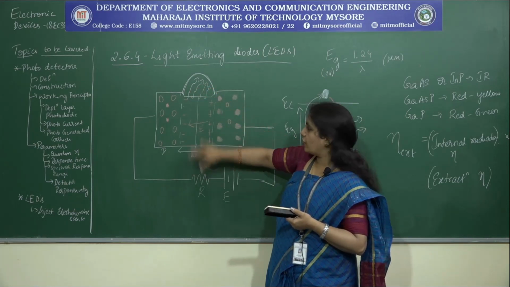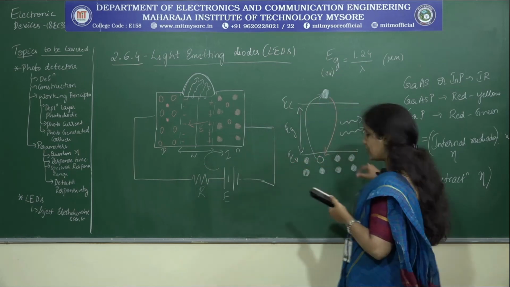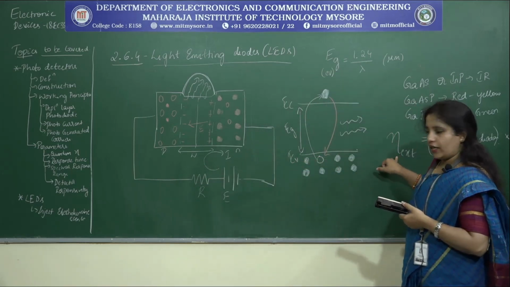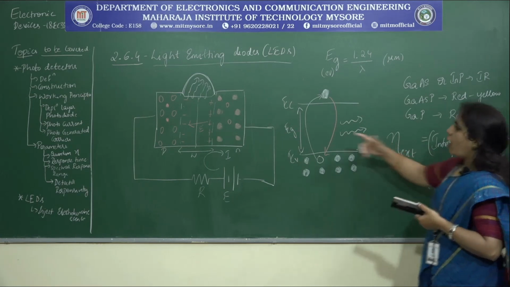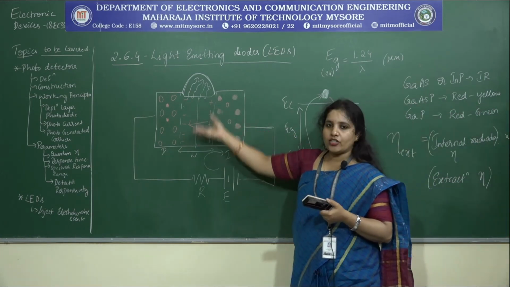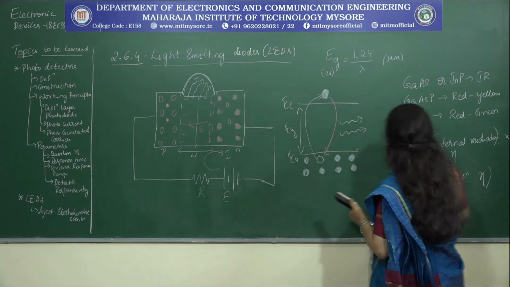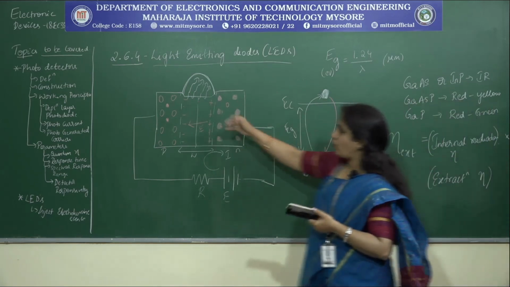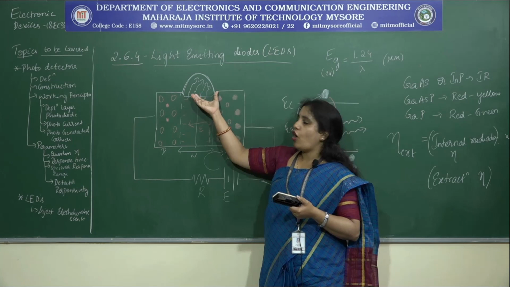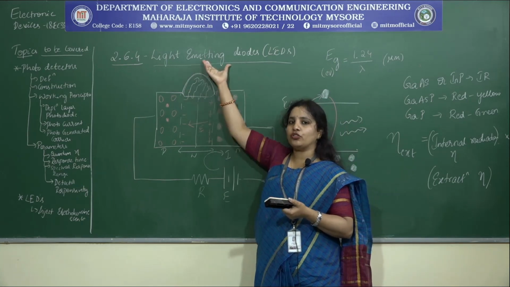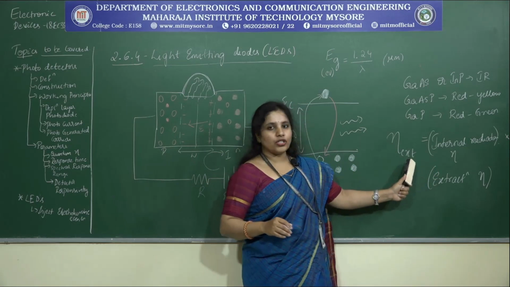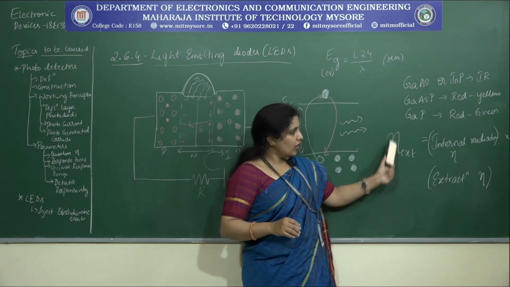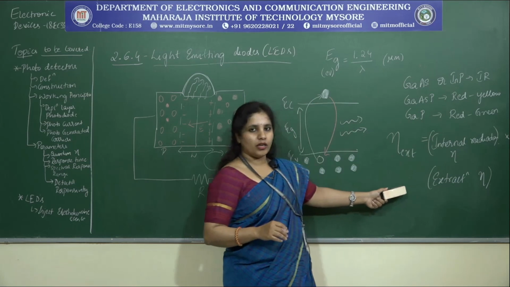That relationship is what this external efficiency indicates, wherein the internal radiation efficiency is nothing but how much recombination can generate how much light energy, and the extraction efficiency indicates, of the light energy that is generated, how much percentage of that can be given to the external surroundings. I hope you are clear with this particular equation.